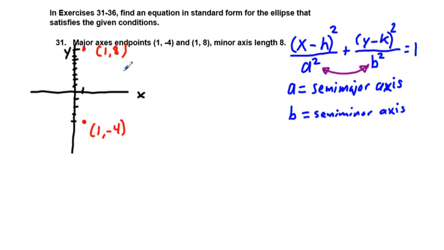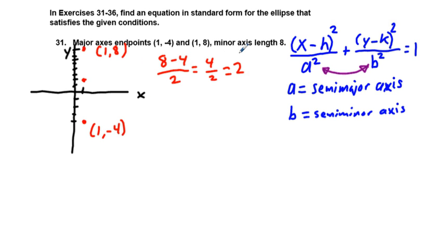Now to find the center of this ellipse, that's going to be the halfway point between these y coordinates of 8 and -4. So we'll say 8 minus 4 over 2, which is 4 over 2, which equals 2. And so the center of our ellipse is going to be here at the point (1, 2). And that's going to have a bearing on what our equation is.